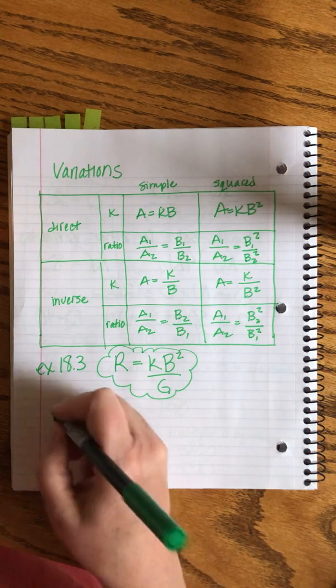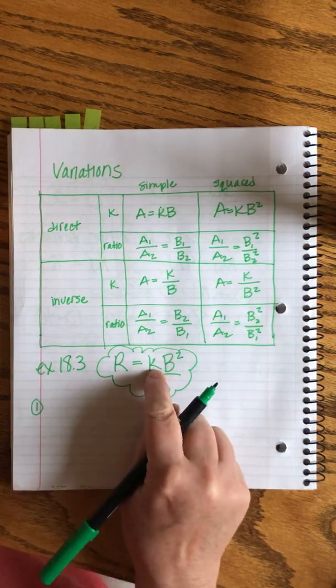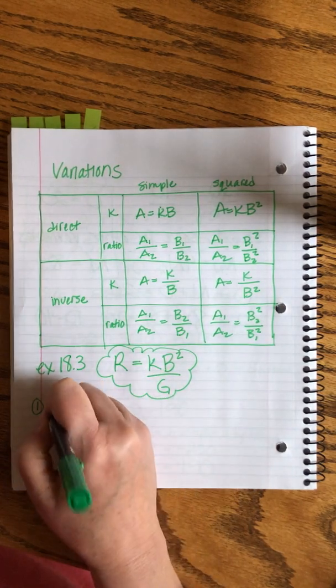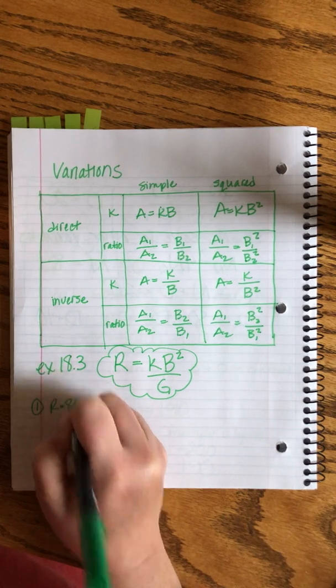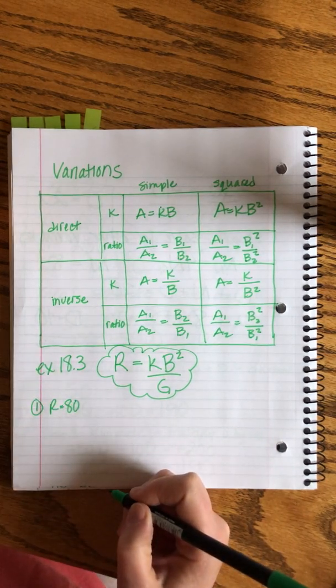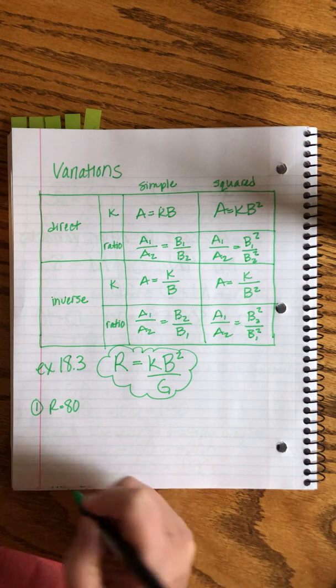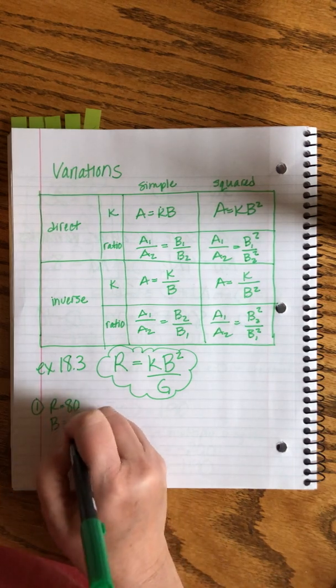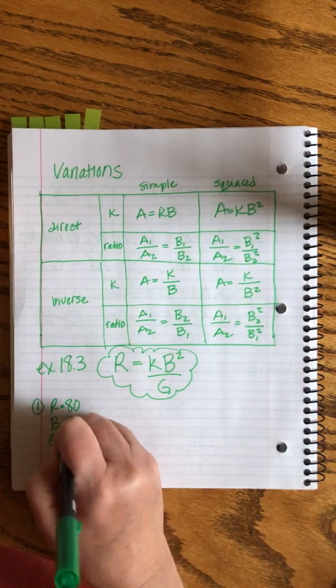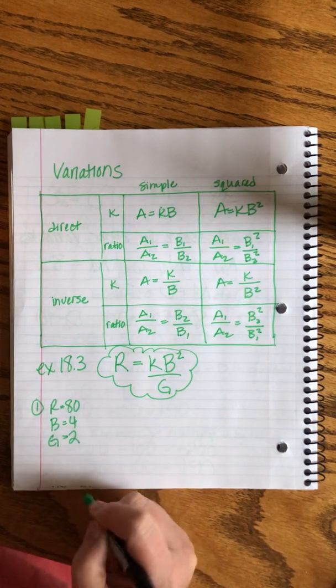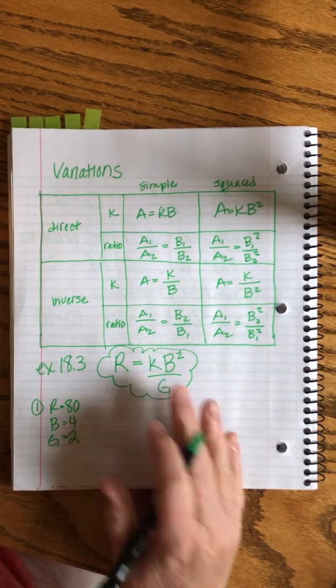When there were 80 reds, so now we're going to solve for k, there were 4 blues and 2 greens. And then it gives us more information, but we can stop here and solve for k.